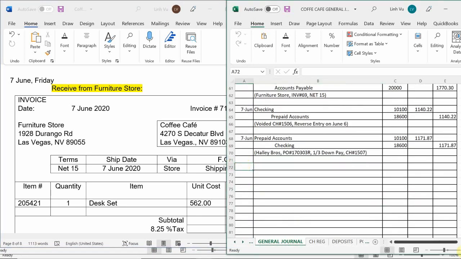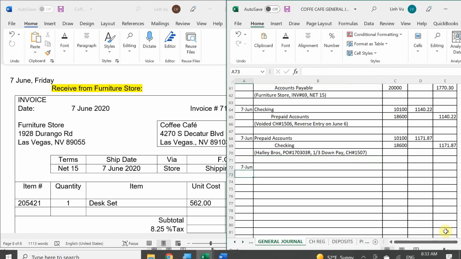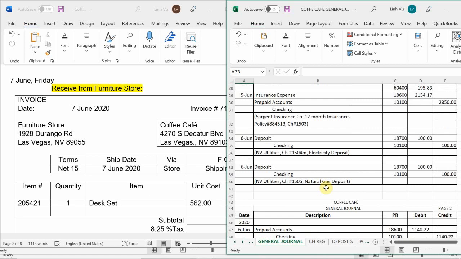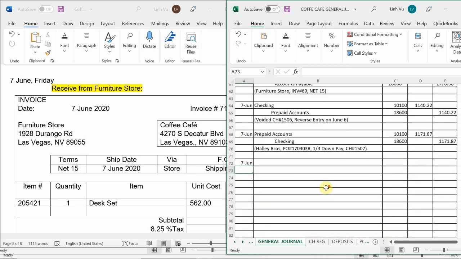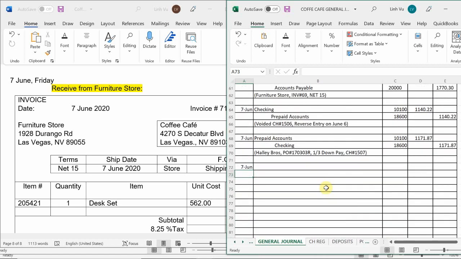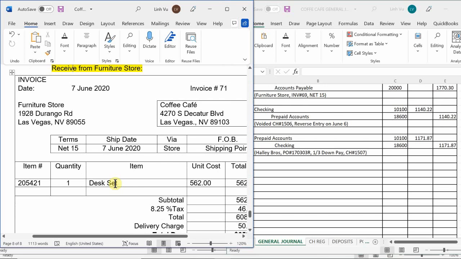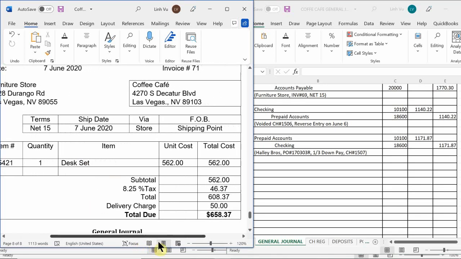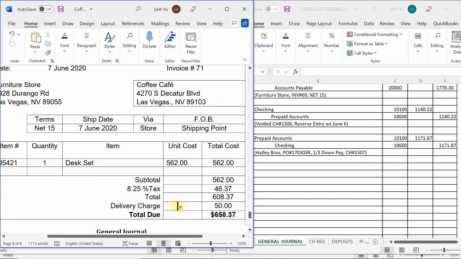So in this case, right, we received our desk set. So what do we do with this? How do we journalize this?